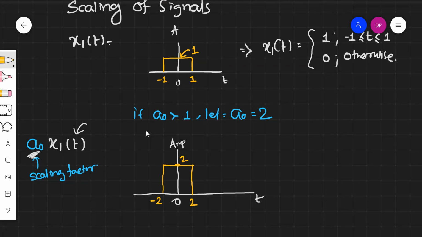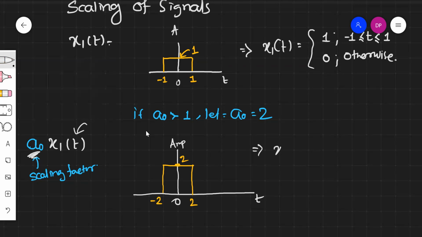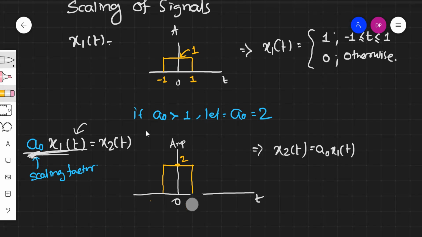So what will be the mathematical expression of the signal? Let's suppose I take it as x2 of t, which is a naught into x1 of t. The time interval should be in the range from -1 to 1.